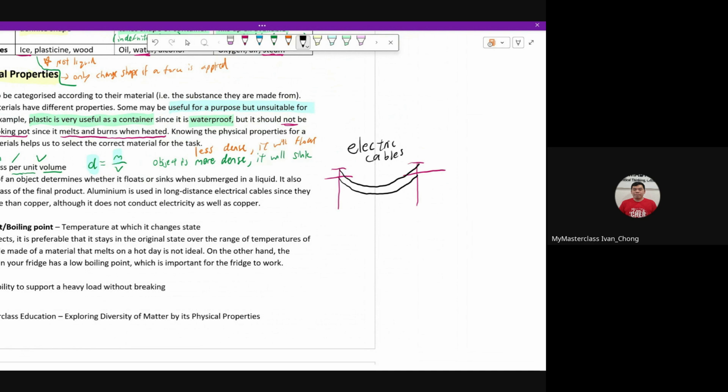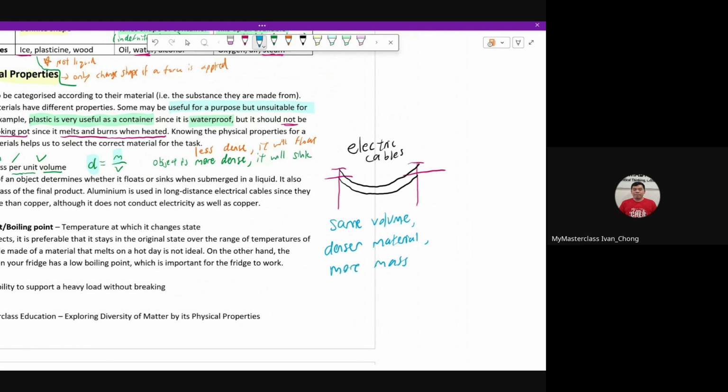Okay, so the thing is, electric cables themselves have the same volume. What happens is, if I use a denser material, what does that mean? It will have more mass.